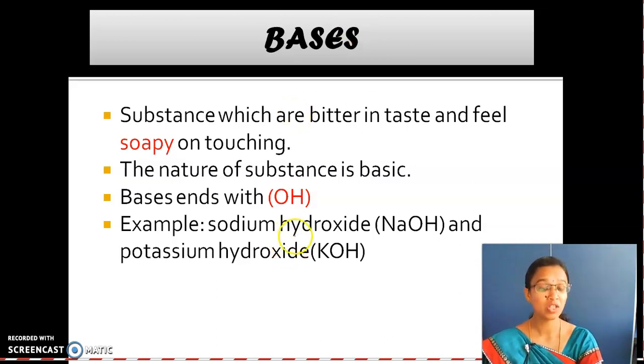Example, look at here, sodium hydroxide. What is that? Sodium hydroxide, NaOH. And then potassium hydroxide, KOH. So what is there? The bases always end with OH.